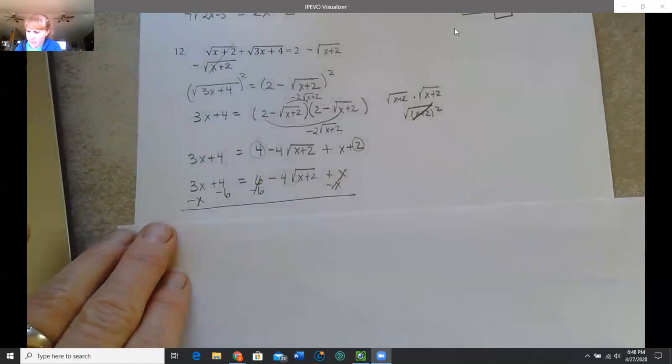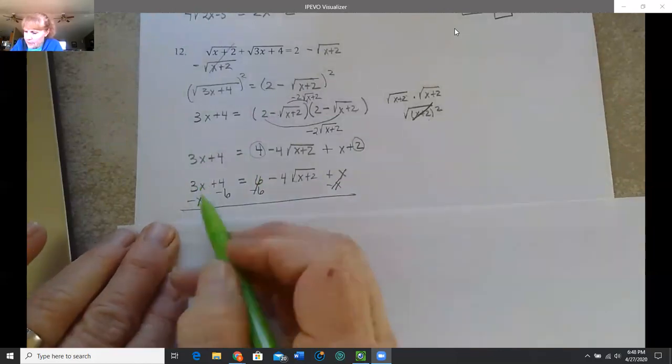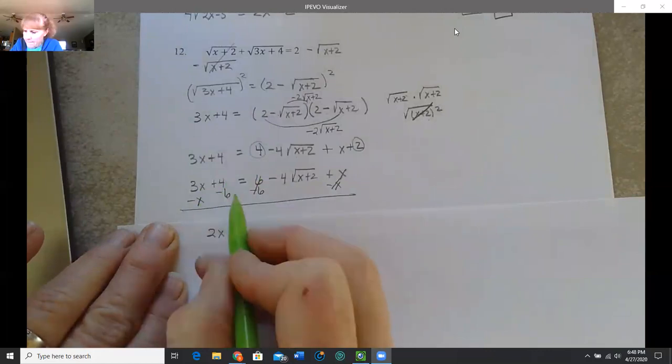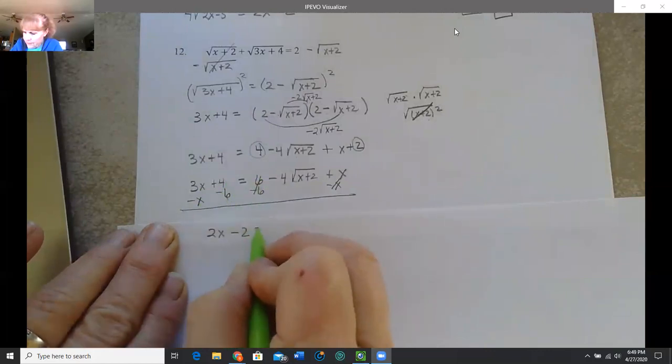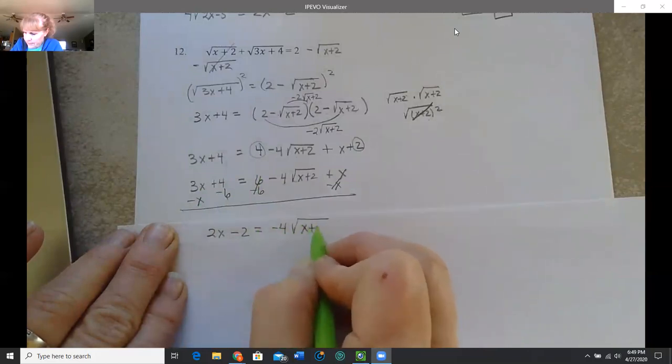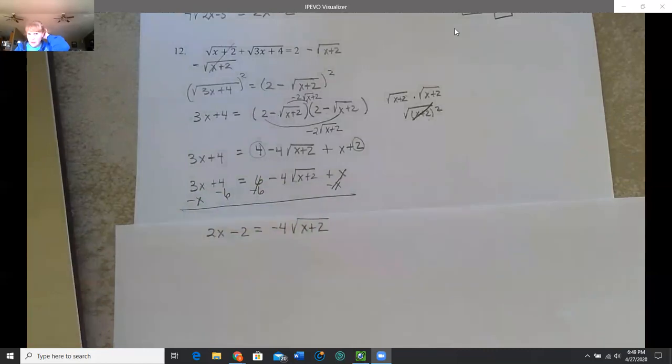You get 2x minus 2. So now what you could do is divide everything by 2.